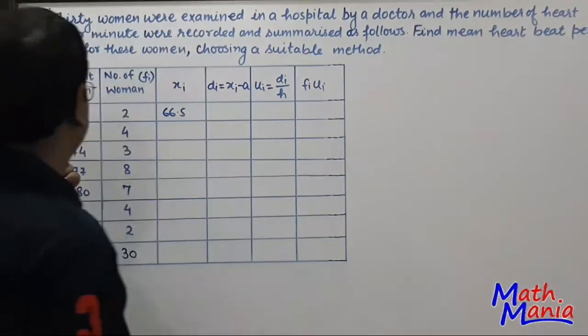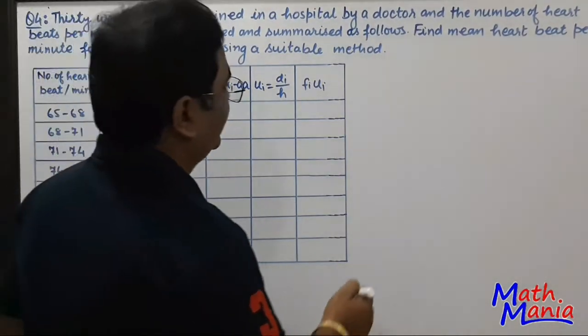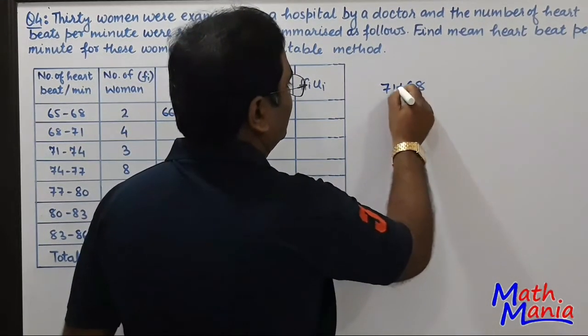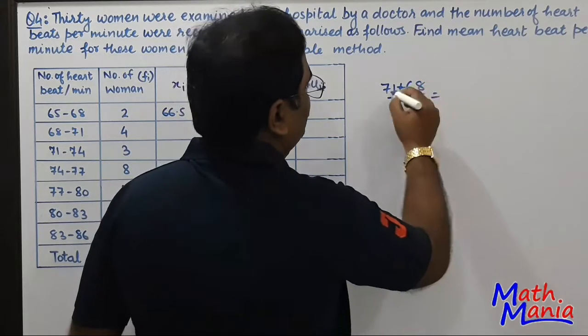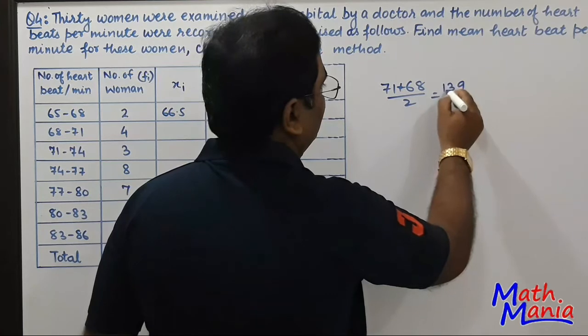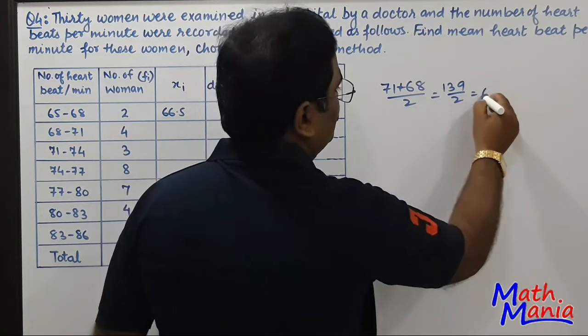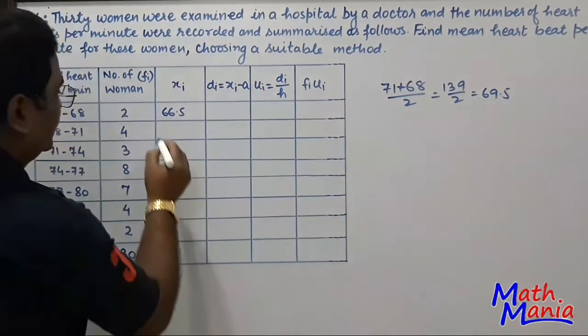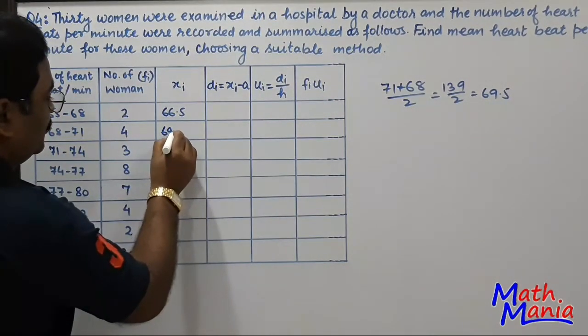Second, for xi, 68 plus 71, 71 plus 68 upon 2. So 8 plus 1 is 9, 6 plus 7 is 13, 139 upon 2, which is 69.5.